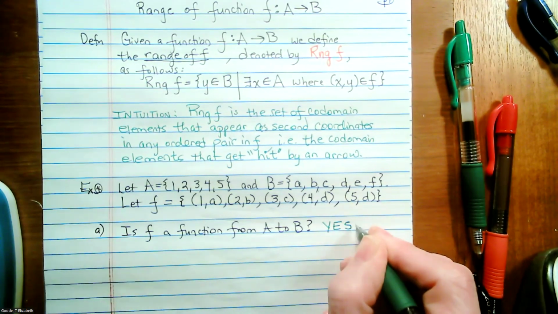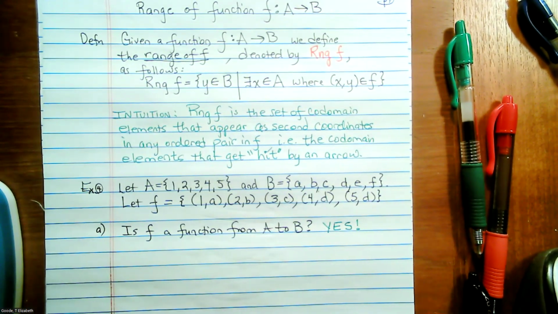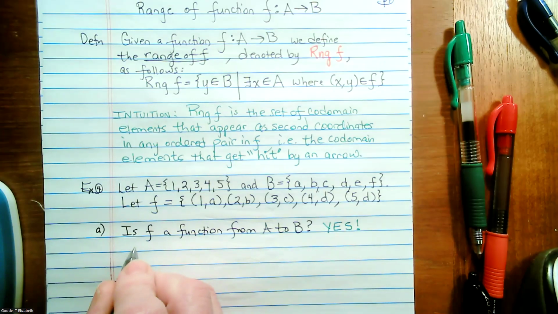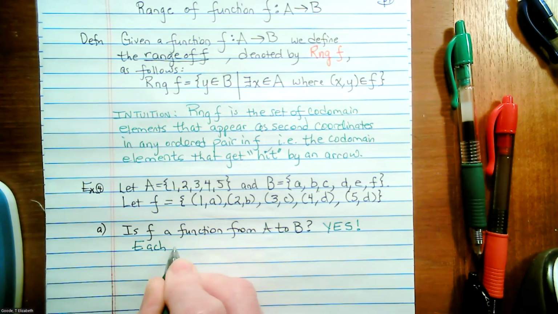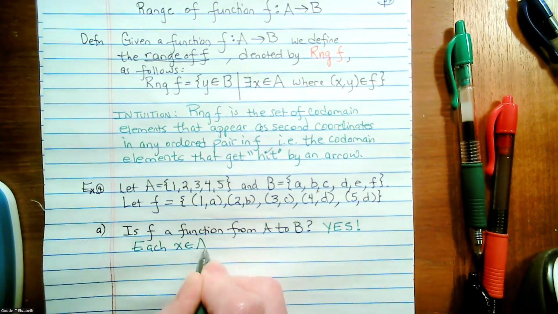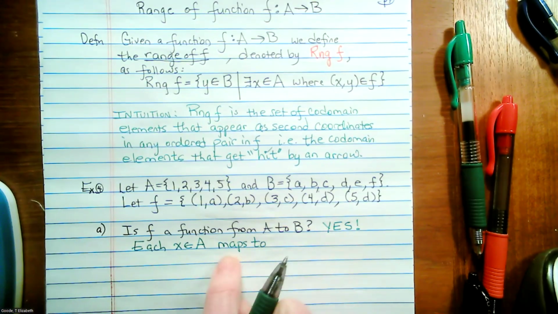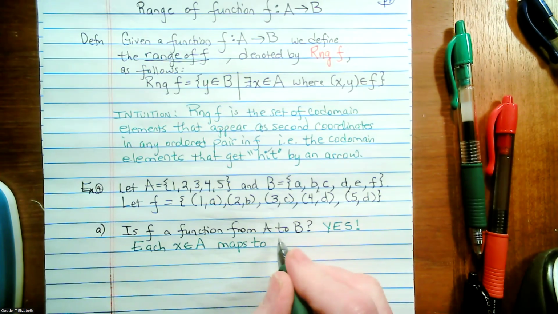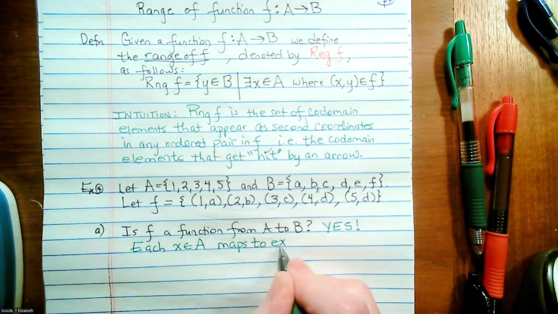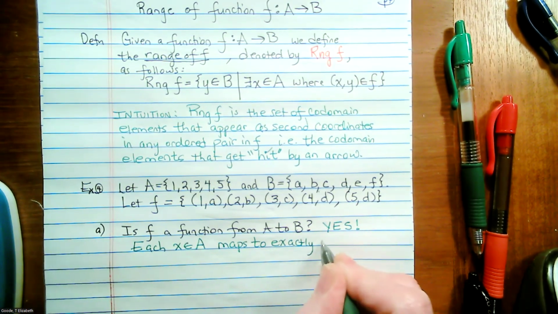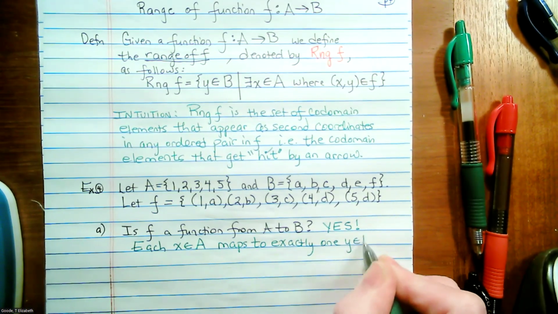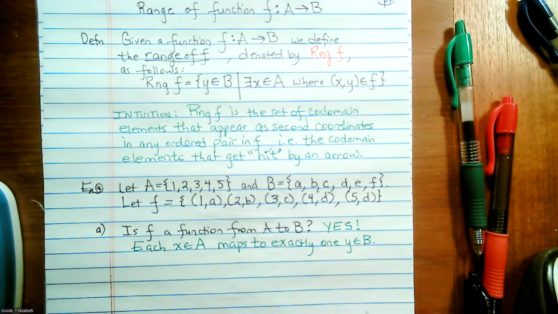Each one of those has exactly one partner second coordinate from B. So we can just write a little sentence to explain. Each x in A maps to, and this is perfectly normal language for functions, exactly one y in B.